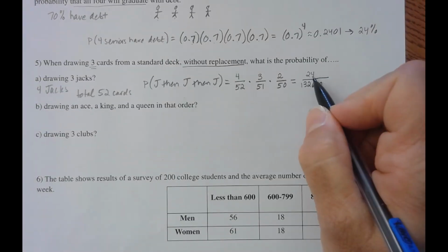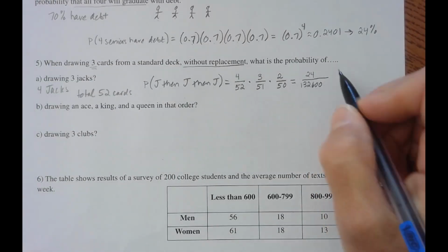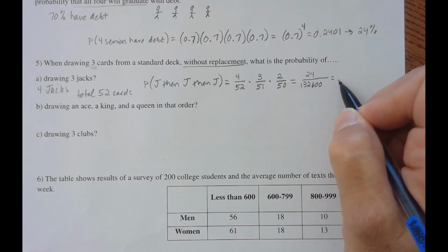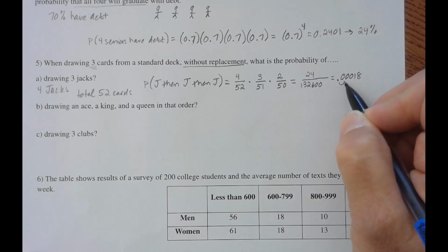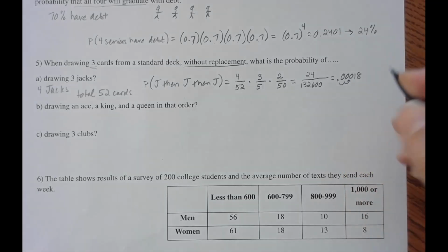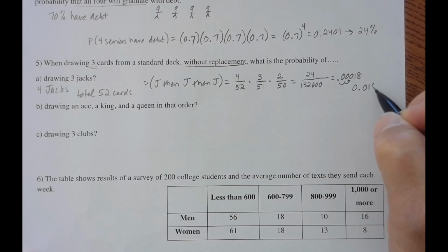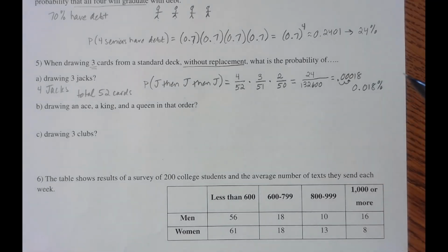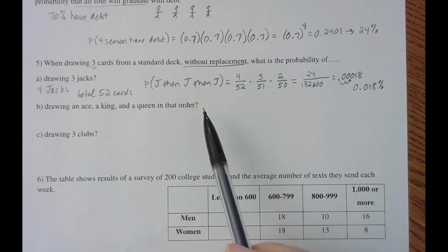So if you change it to a percent, do 24 divided by this number, you get 0.00018. Move it over to get a decimal, move it over to get a percent. You have a 0.018% chance of drawing three jacks in a row.